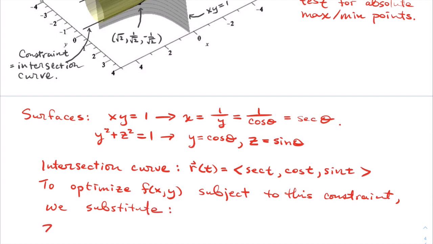Okay, so you would have z is f. Oh, and I said f of xy, but I meant f of xyz, because this is a function of 3 variables now. So z would be f of x of t, y of t, and z of t.